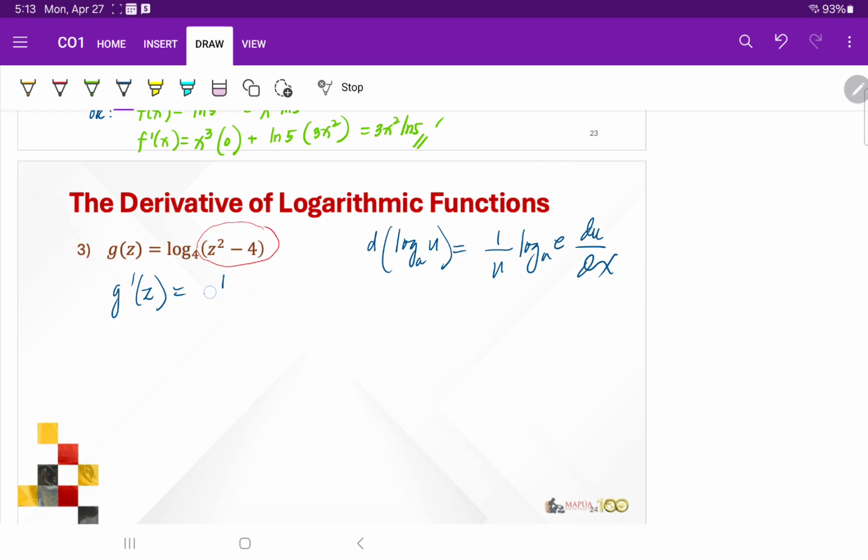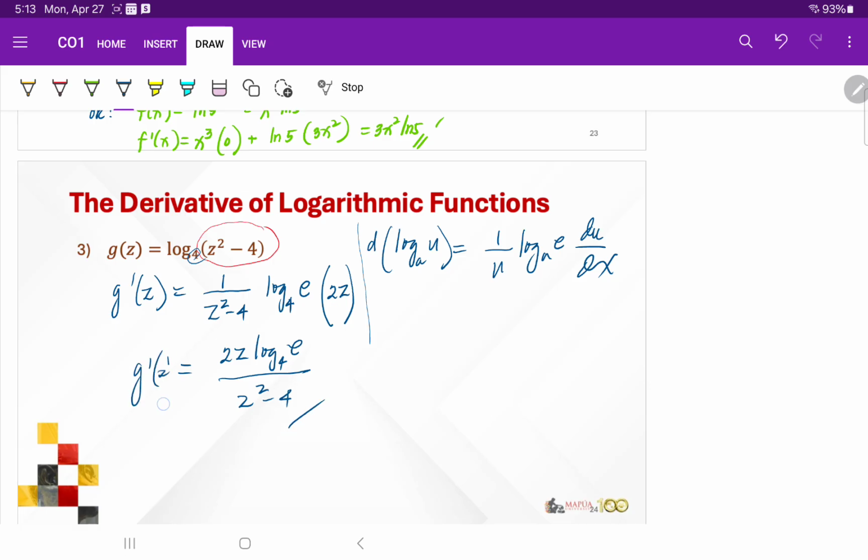You have 1 over u, which is z squared minus 4, times the log of e to the base 4, because the base here is 4, times the derivative of u. Your u is z squared minus 4, so it's 2z. Alright? So if you simplify, this gives you 2z times the log of e to the base 4 over z squared minus 4. Mabilis lang yung derivative. Alright? So we use here the log of u to the base a.